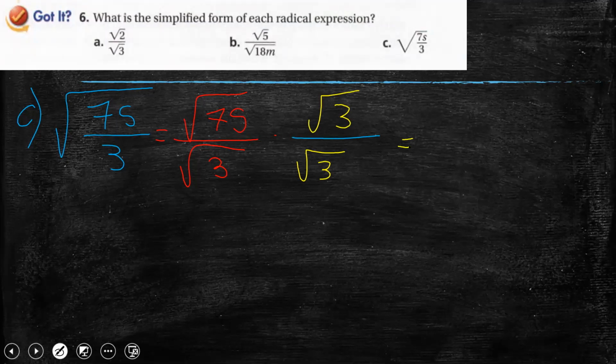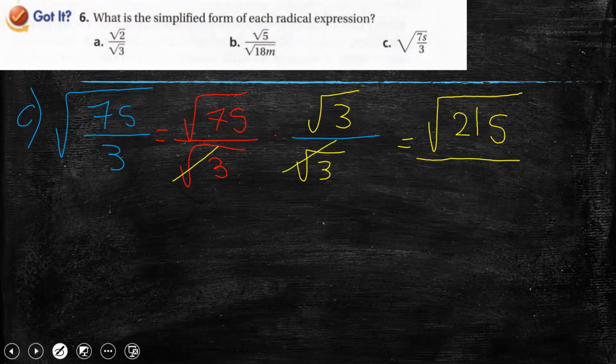Then here we have 7 times 3 times s. Let's combine them in one square root. 7 times 3 is 21s over square root of 3 times square root of 3. We cancel each other, so I get 3. Exactly. Now, can I stop at square root of 21?